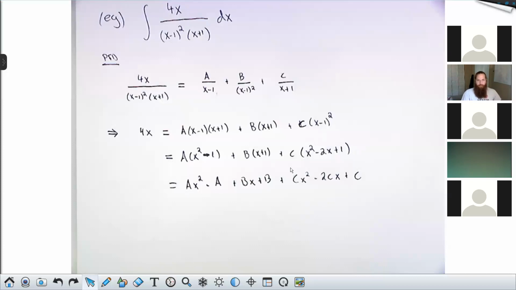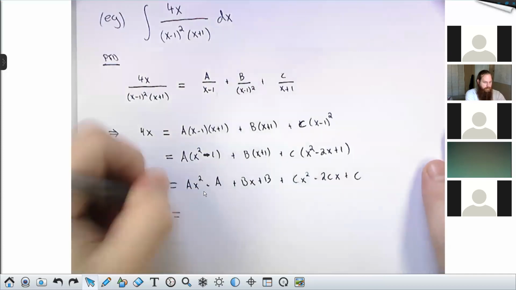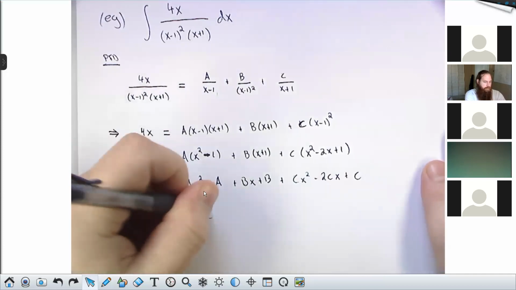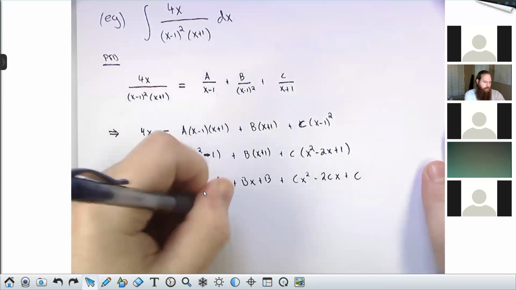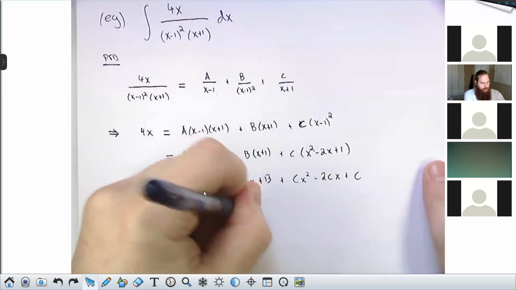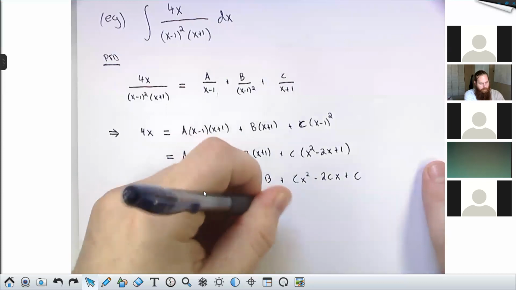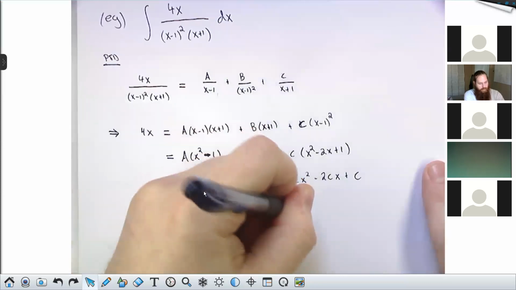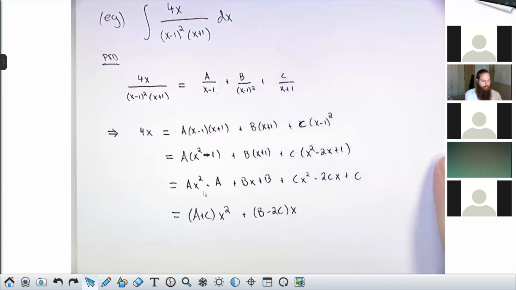Now I'll collect my like terms. So I've got an x squared here and an x squared here. So this is a plus c times x squared. I'll look for my x's. I've got bx and a minus 2cx. So that's b minus 2c times x. And then what about constant terms?